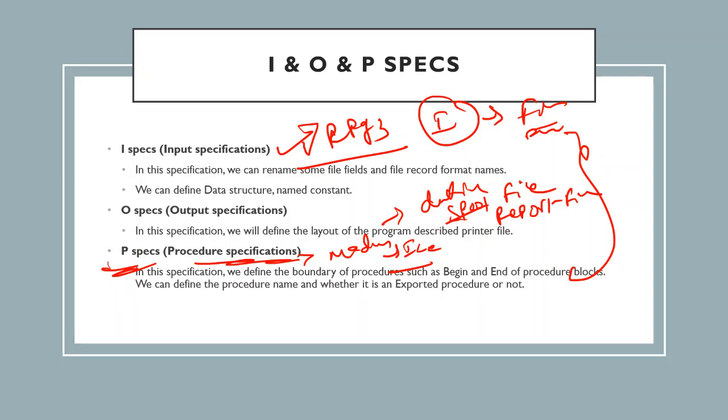It has some keywords, based on which you can control the program level. The F spec is basically to define fields of any kind: database files, display files, or printer files. The D specification defines variables, arrays, and data structures, and the C specification is to write the actual logic. These four specs you have to understand as of now.